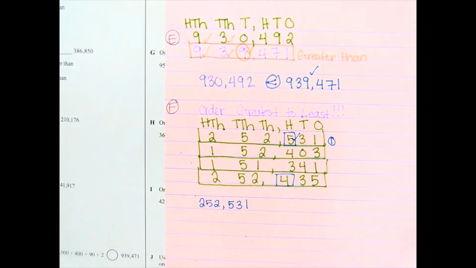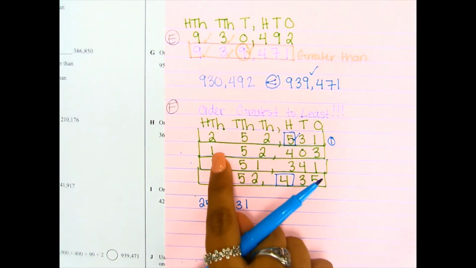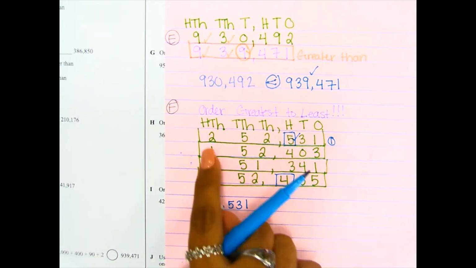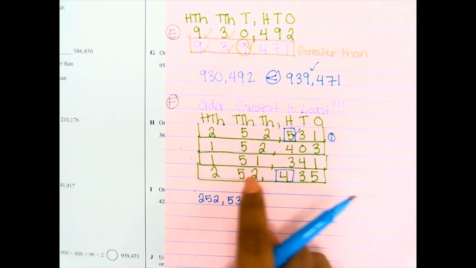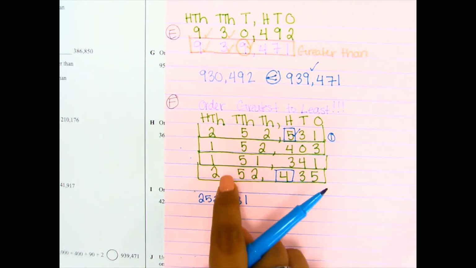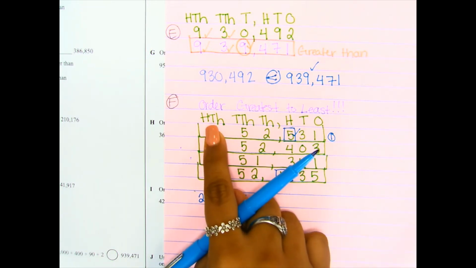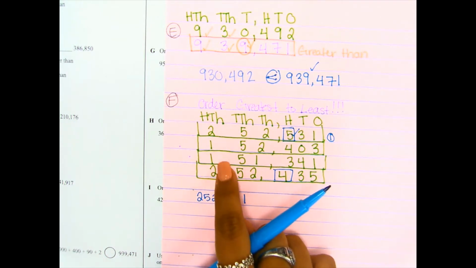So now I'm going to look for my second one. So here we have a 1, 1, and 2. This one is already out. We've already established that this one is the greatest. Now we have these three to compare. And we go again to our hundred thousands place because that is our largest place value. I have a 1, 1, and a 2.